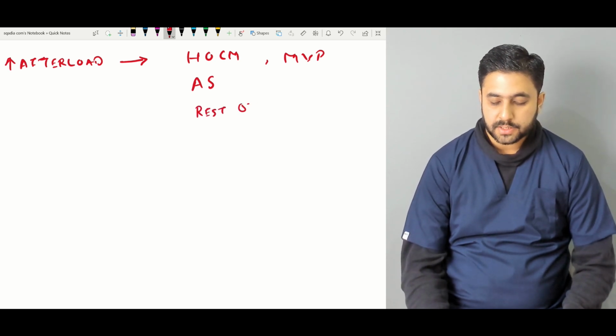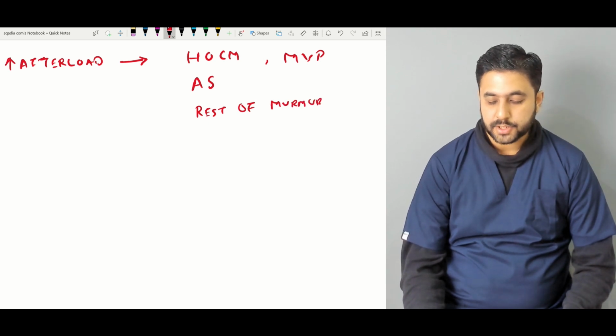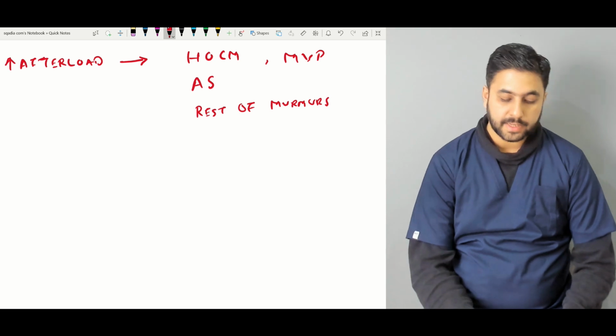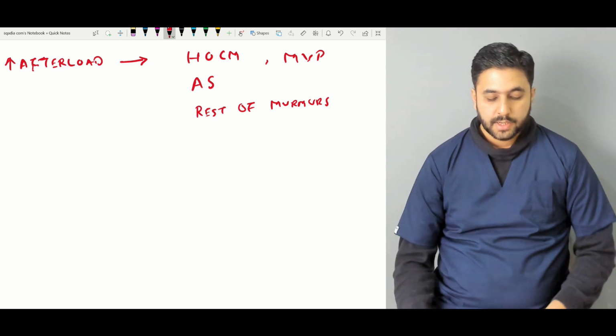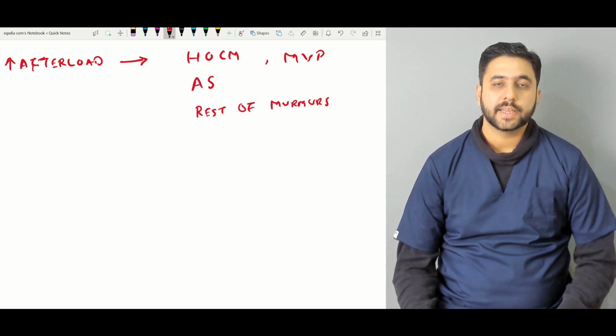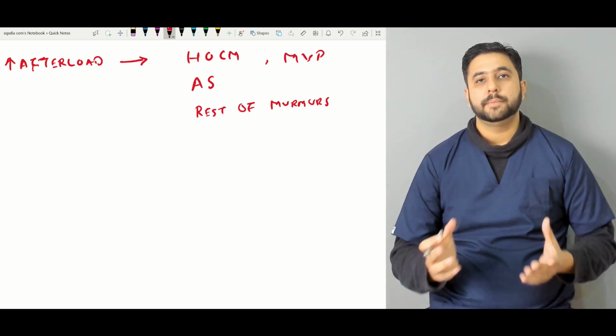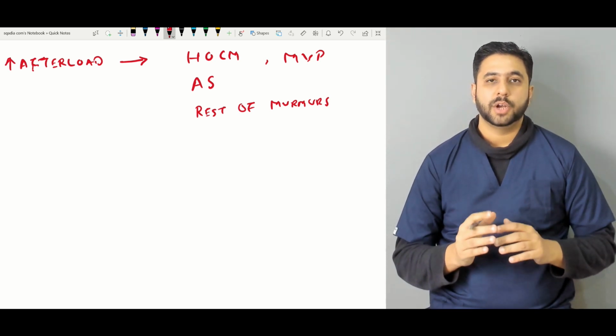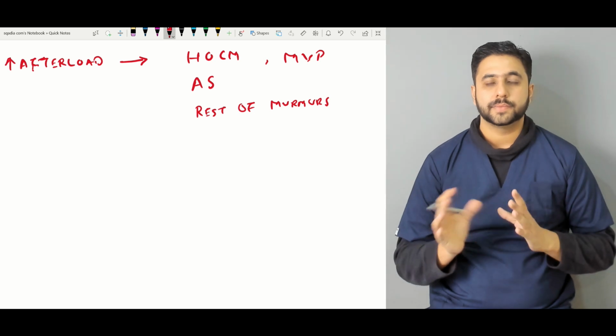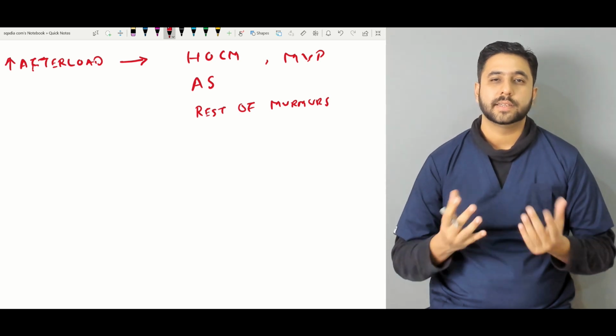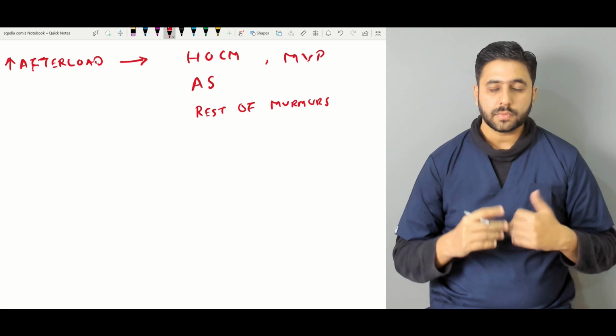We are going to change the various modalities in relation to the preload and the afterload, and then we are going to discuss what is going on. So, for example, if a patient has an increased afterload, in hypertrophic obstructive cardiomyopathy, there is septal thickness and left ventricular thickness, and there is greater pressure in the left ventricle.